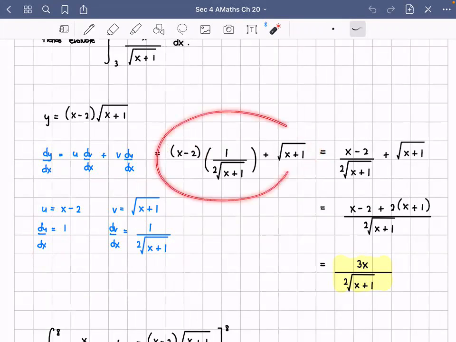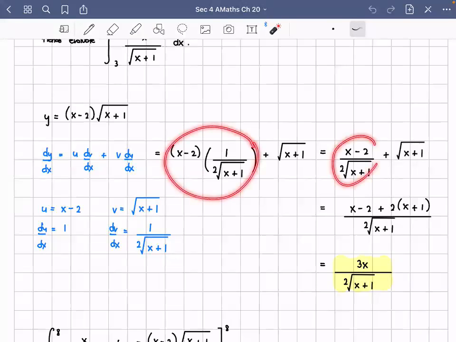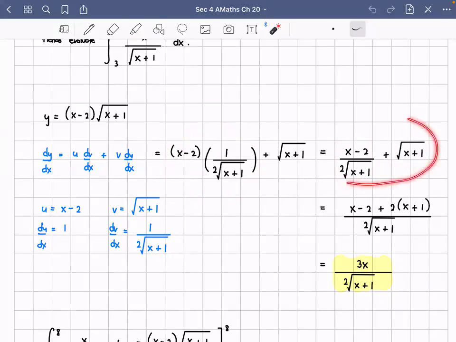Now simplifying this, so this one becomes this. So you just multiply x minus 2 by 1. Then you have this, and then plus x plus 1. Now, writing this as one fraction, this is your common denominator. So this divided by this is 1, right? 1 times x minus 2 is still x minus 2. Now, 2 root x plus 1, so this is over 1.